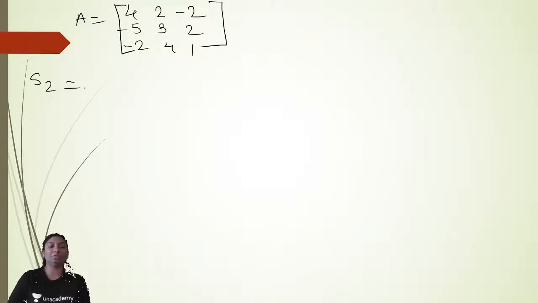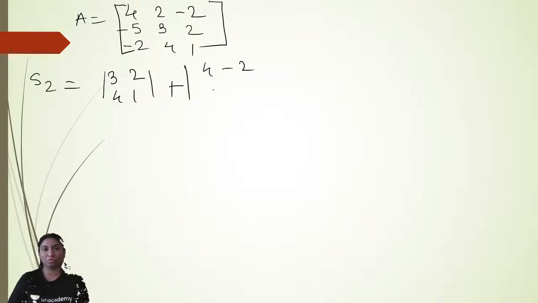S2 is equal to the sum of the minors of A11, A22 and A33 of order 2. So the determinant of 3 2, 4 1, plus the determinant of, second column, 4 minus 2, 1, plus the determinant of 4 2, minus 5 3.